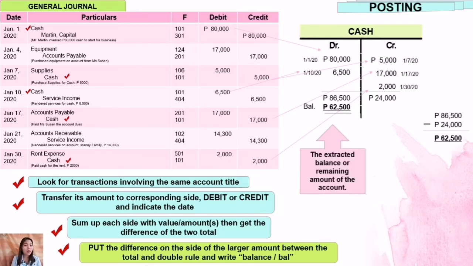This is now the extracted balance or the remaining amount of the account, meaning to say the transactions involving cash. After summarizing those transactions in debit and credit, computing and everything, the balance or the remaining amount is 62,500. And usually the balance, or if it is zero, the difference between the two is put under the normal balance of the account. So cash is an asset, so normal balance is debit. That's why the balance is under debit.